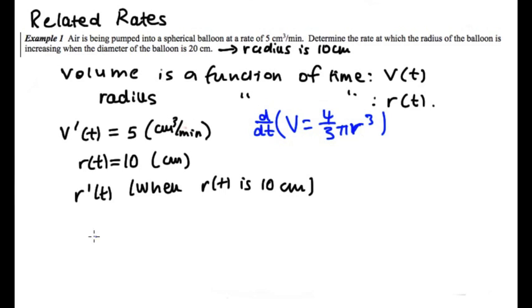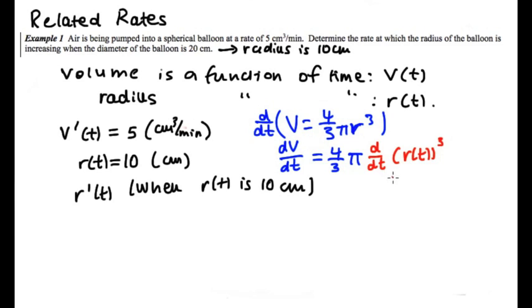So what do we get? We get the derivative of V with respect to t, so we get dV/dt, is equal to 4/3 pi as a constant, so we can keep that out. And what is the derivative of r cubed with respect to time? So the derivative of r of t cubed. Well, we have to use the chain rule, where f is t cubed and g is r of t. So what is the derivative of t cubed with respect to t?